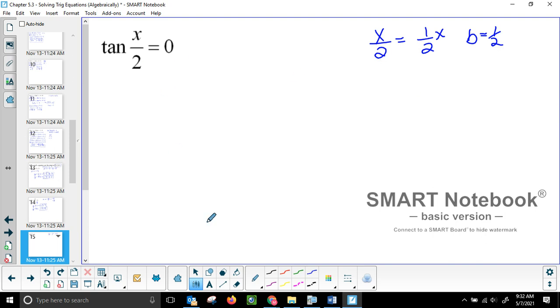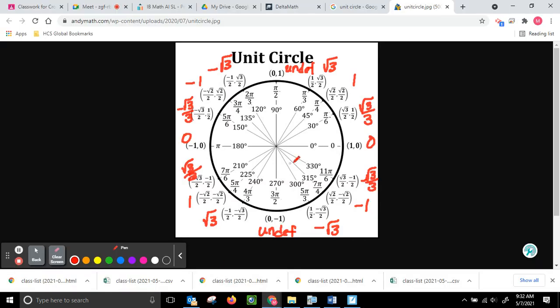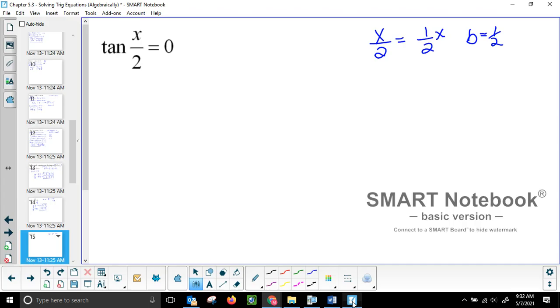Here we don't really have anything to do. We just want to say, where is tangent 0? Tangent is 0 here at 0, and tangent is 0 here at pi. So we know that 1/2 x is equal to 0, and 1/2 x is equal to pi.